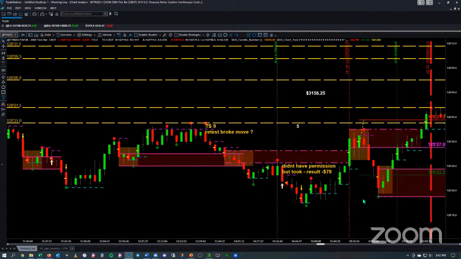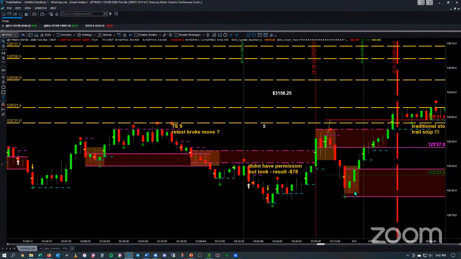So now we've got an entry and a stop. Now we did go lower. So at this point, we did have permission to enter this supply band after it was created.